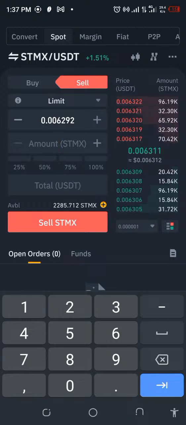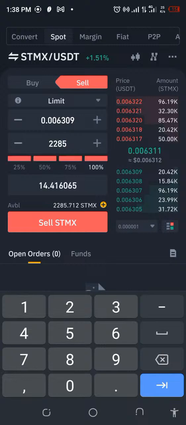Okay. I want to see what's happening. Okay, it said I should increase my balance. Let me check whether this will work. No, let me remove everything. When you want to choose a price, first of all, choose the price and then check whether we get anything here. So I'm just going to go ahead and click on sell.